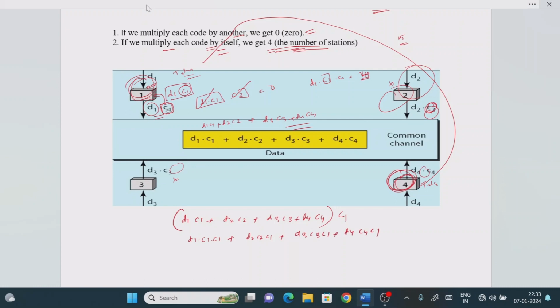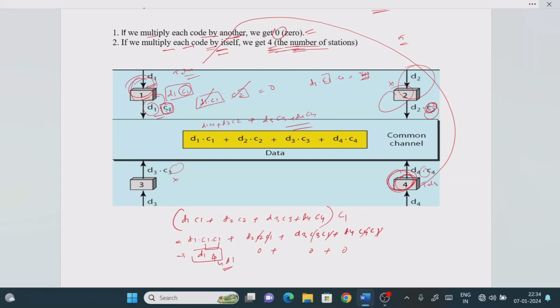Now, as we discussed, what is the first property? If we multiply each code by another different code, the answer is 0. And if you multiply each code by itself, we get the answer 4. So nothing but 4 D1.